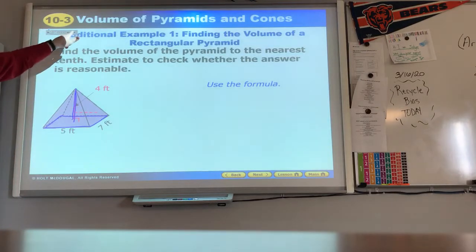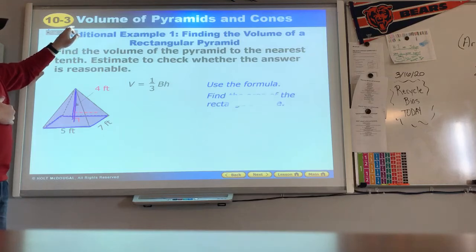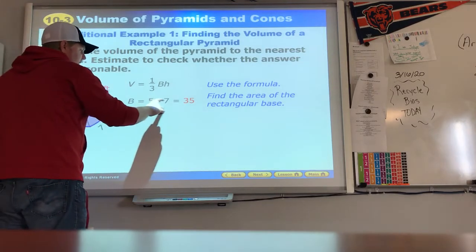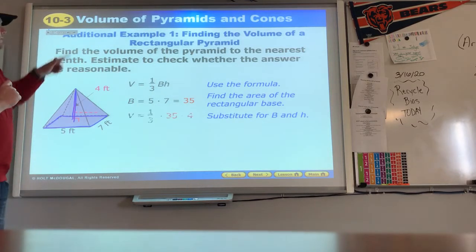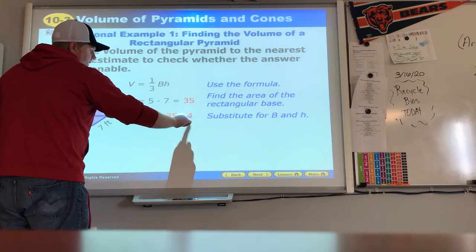Okay, use the formula: 1/3 base times height. So, area of the base was 5 times the 7. I had that. Okay, so 35 times 4 being the height.